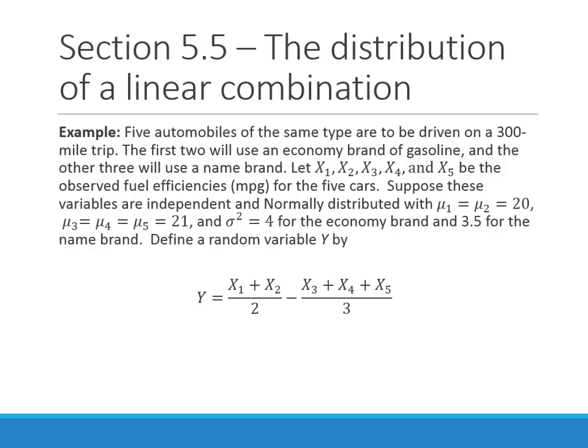So those are my weights in this case. Mu1 and mu2 are both 20. Mu3, mu4, and mu5 are all 21. Sorry, I'll write it out here. 1/2 times 20 plus 20, minus 1/3 times 21 plus 21 plus 21. And that will give me -1.